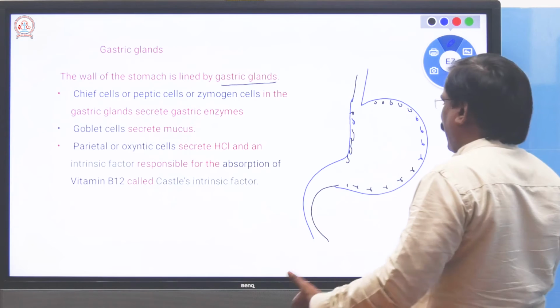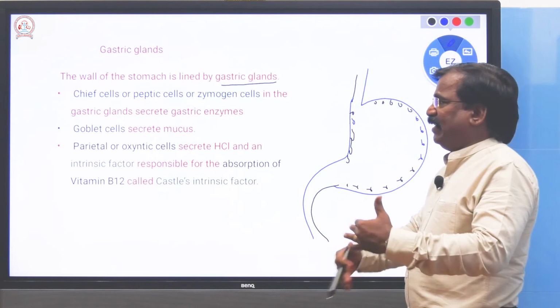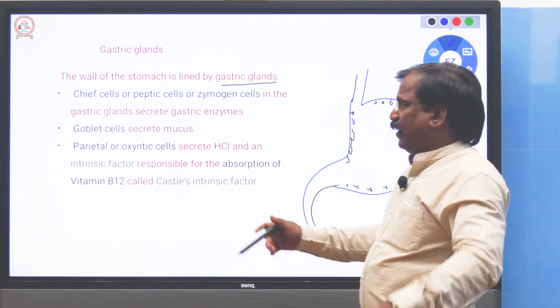What are the different types of secretory cells? Very important.